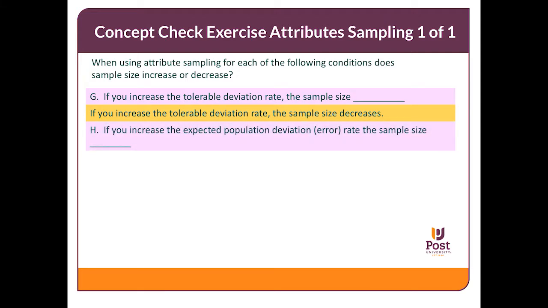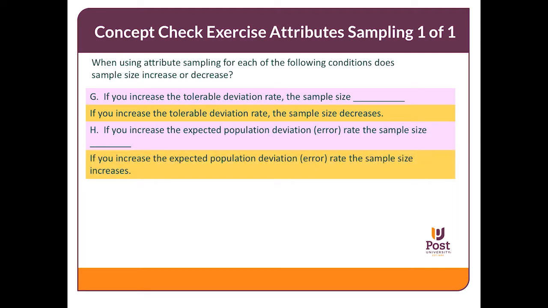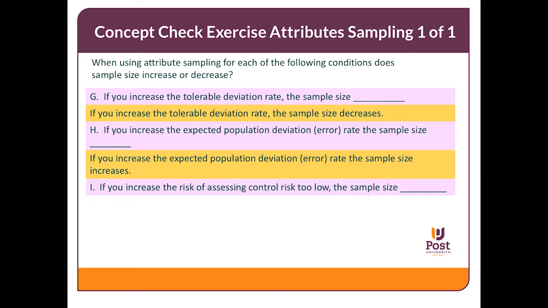H. If you increase the expected population deviation rate, that's the error rate, the sample size. If you increase the expected population deviation rate, the sample size increases. If you increase the risk of assessing control risk too low, the sample size.